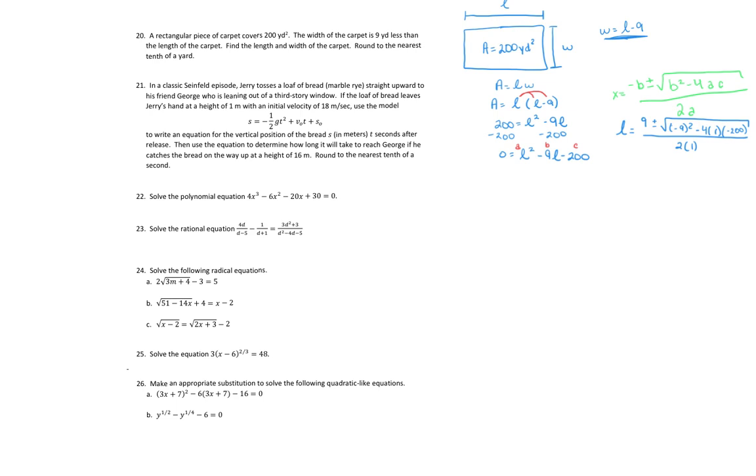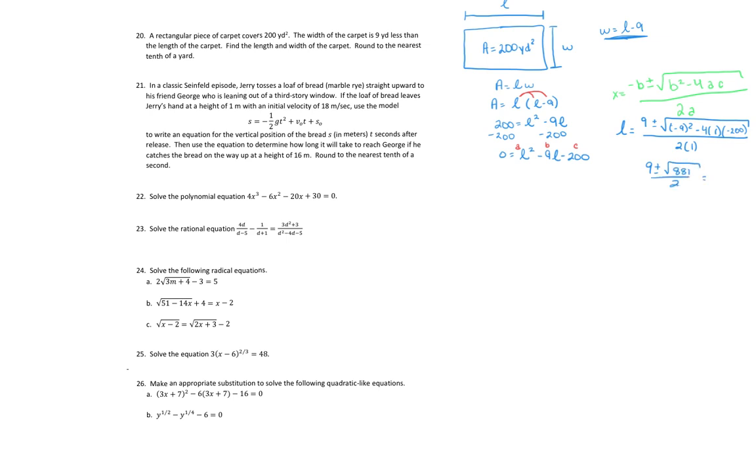Now, if we do the math under the radical, we would get 9 plus or minus the square root of 881, all over 2.